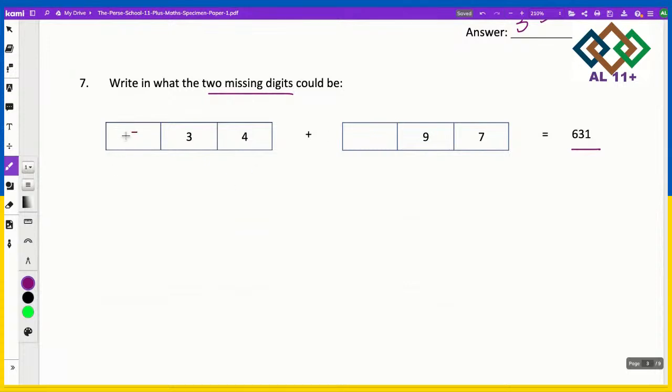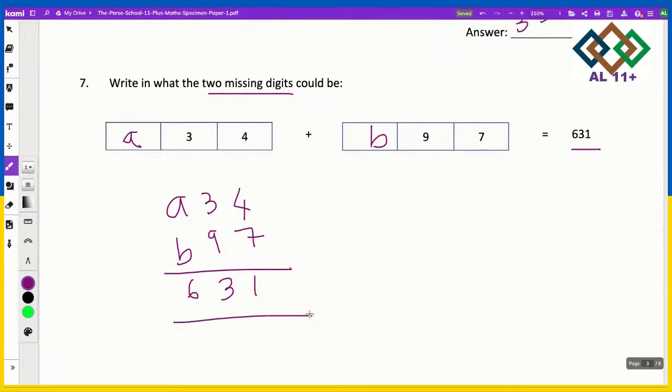So let's write this as A and write this as B, because these are your missing ones. So we'll do the same way as you guys do your adding. And we know that that gives us 631.